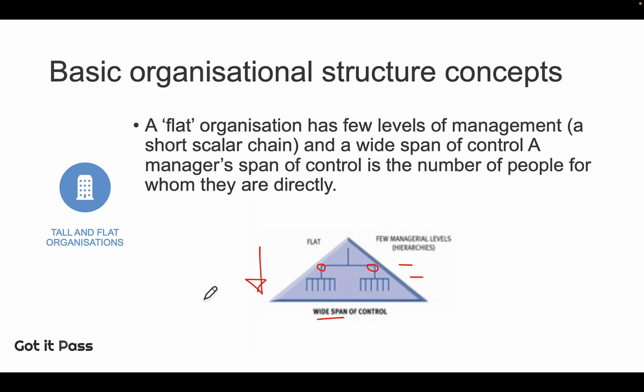Imagine, because the manager here in the flat organization has more people following them, they have more power in influencing the division that they are in charge of. So from the management perspective, the control will become weaker than in the tall organization.